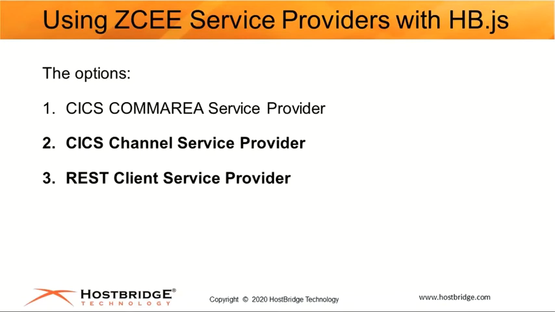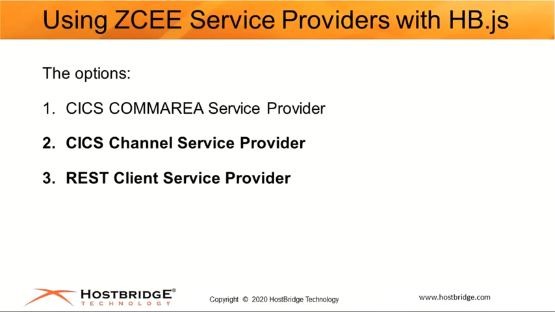It's the CICS COMMAREA Service Provider, the CICS Channel Service Provider, or the REST Client Service Provider. We are going to focus on the last 2, which is why they're in bold, because we think that not only are they more applicable to driving an automation engine like HostBridge, but they're just so much more flexible.